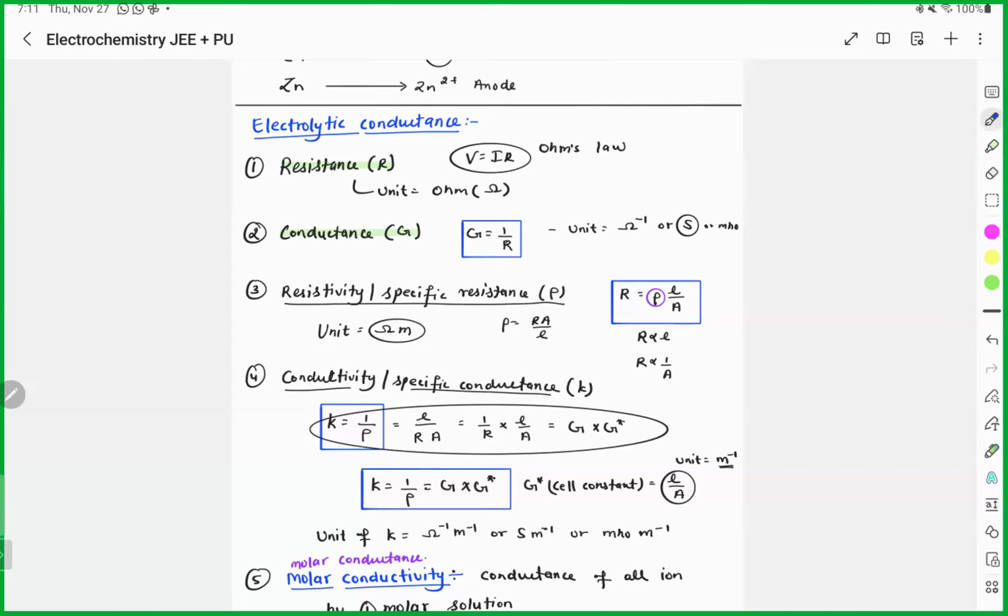Sir, so more reactive elements will have high SOP and less stable oxidized state. More reactive elements have more SOP, that's true, and less stability. Yes, correct. Sir, it's more reactive, that's why it is less stable? Yes, anything more reactive is less stable.